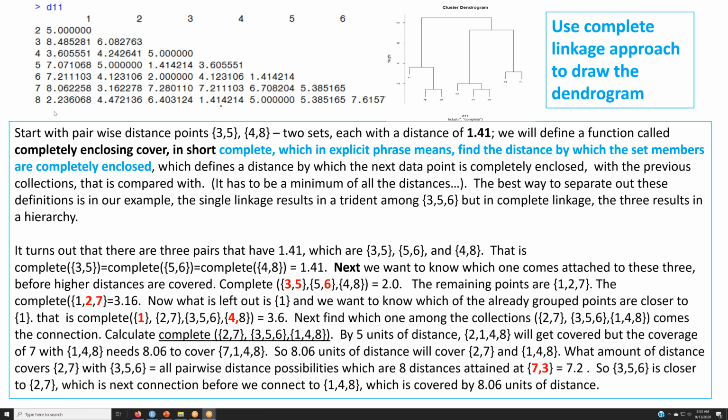So the minimum of 1 with respect to all these points is attained next at 8. That's 2.23. Is everybody good so far? So it's 2.23, but 2 and 1 is 2.23, but then the next value is 3.6. So when we reach 3.6, both are covered.